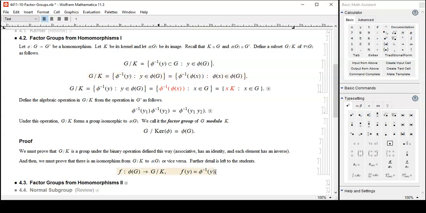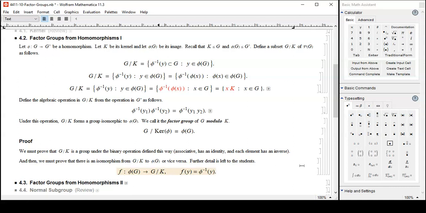And as for homomorphism, well, the algebraic operation is defined like this, so you have to use that and rewrite in terms of f, and the preimage should be rewritten in terms of f, and you're going to get a homomorphism.